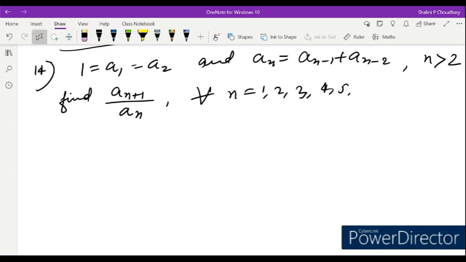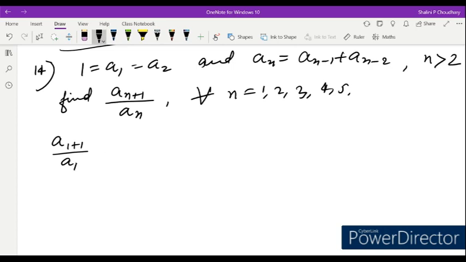n is equal to 1. Okay, so an plus 1, for n is 1, it will be a1 plus 1 upon a1.